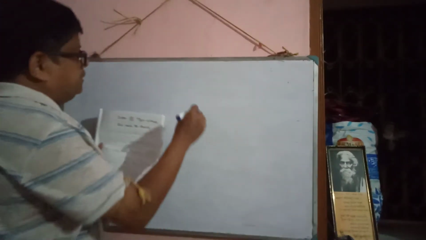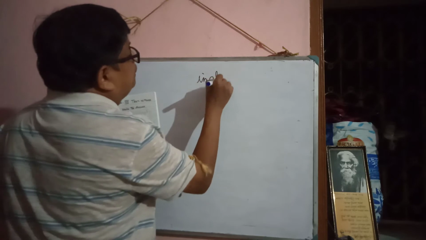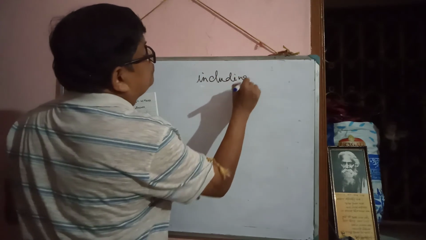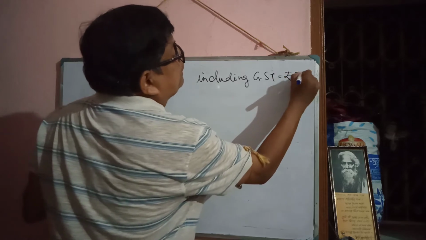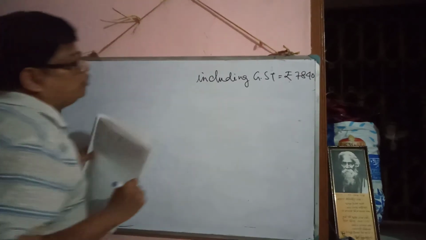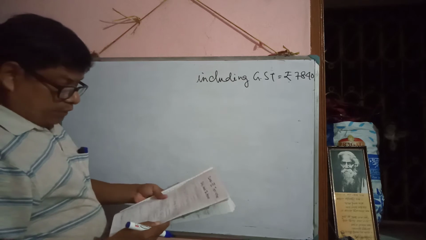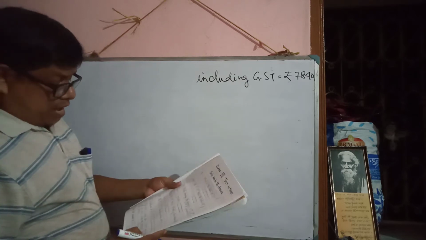If inclusive, the selling price including GST is given. So including GST, rupees 7840. Then what is the mark price of the printer?